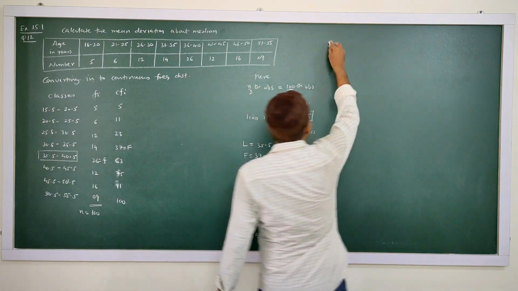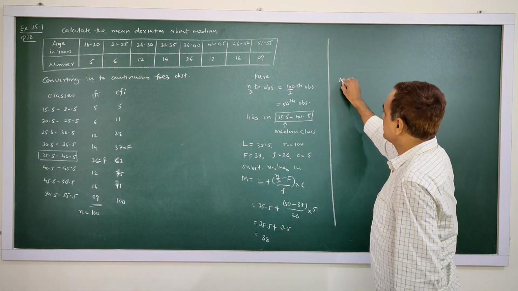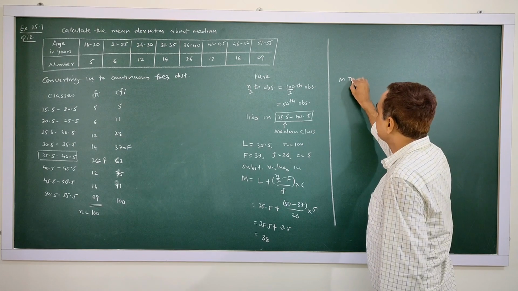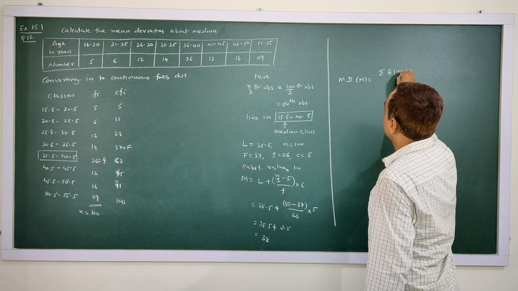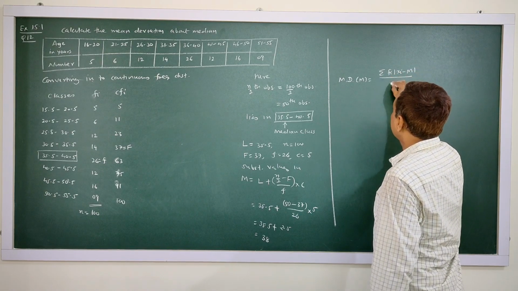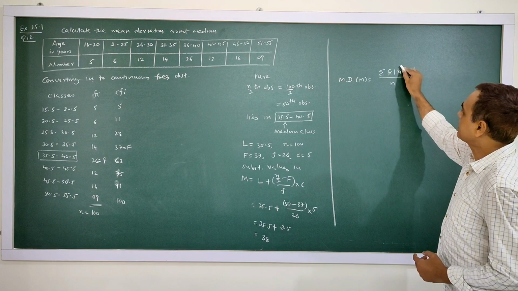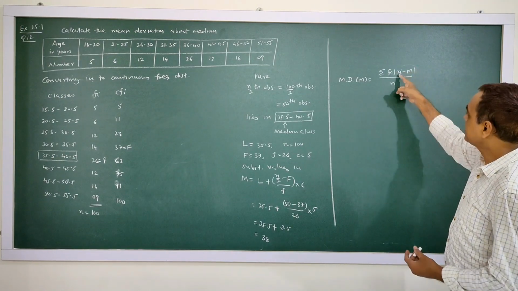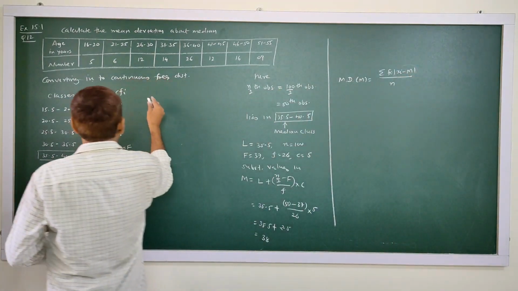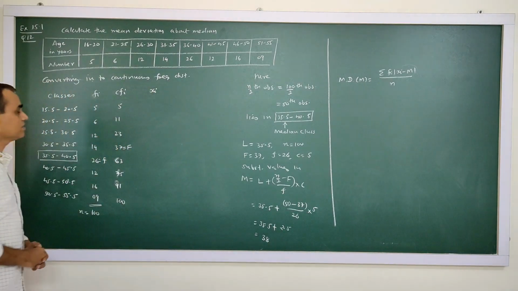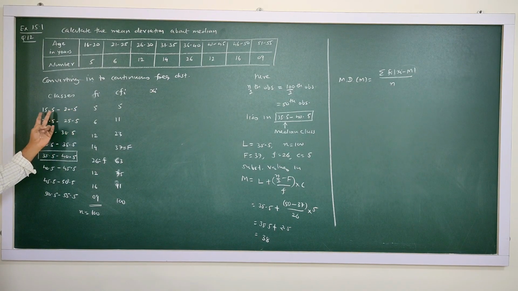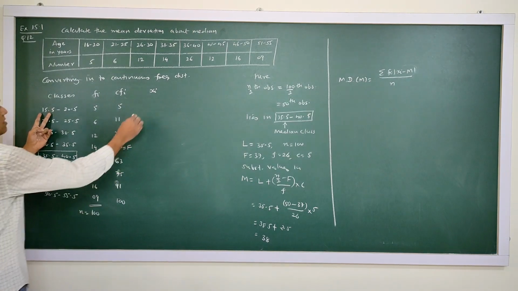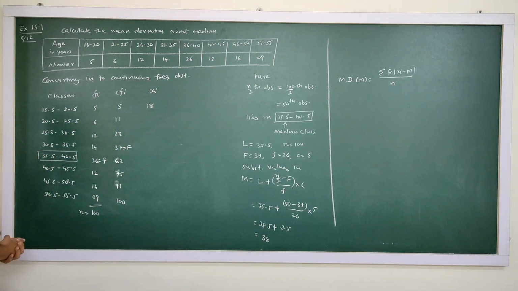After finding the median, to find the mean deviation about the median, the formula is sigma fi into modulus xi minus M upon n. So we have to prepare this column, and to prepare it, values of xi are required. xi are mid values. A mid value is the average of these two numbers. The total of these two is 36, the average is 18.